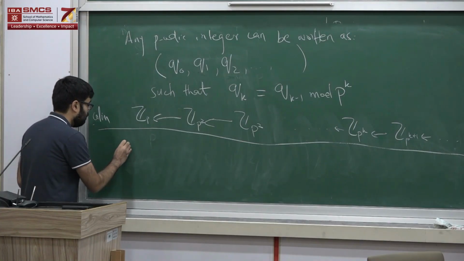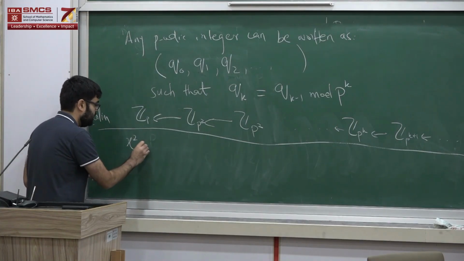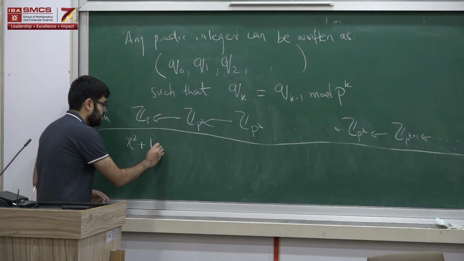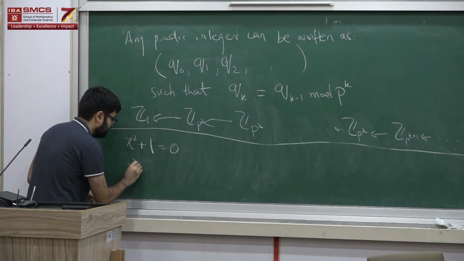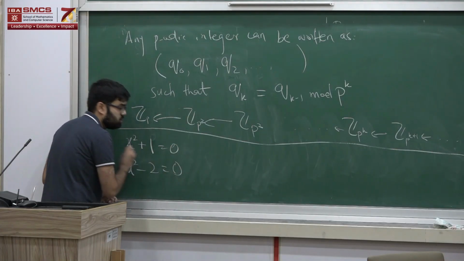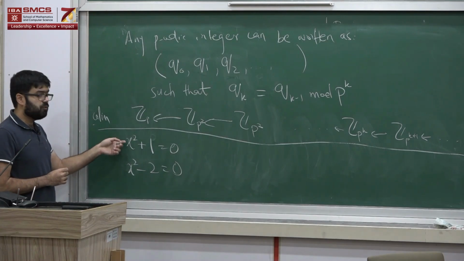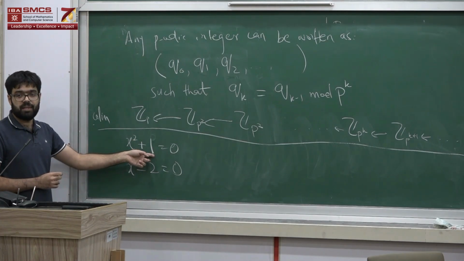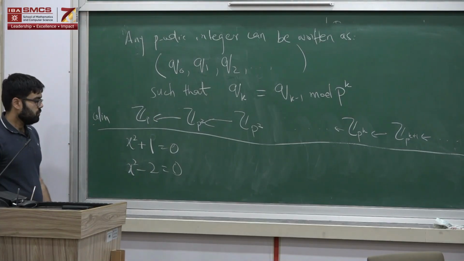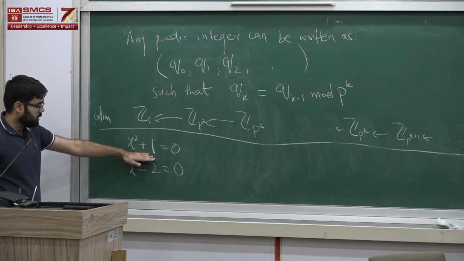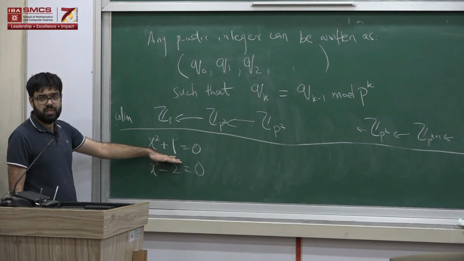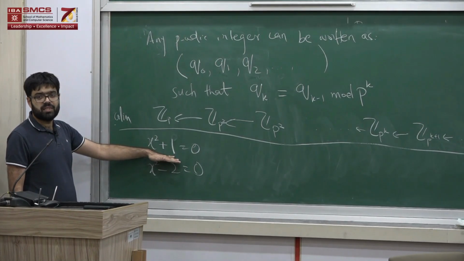Last time we tried two equations: x squared plus 1 is equal to 0, and x squared minus 2 is equal to 0. These equations have no solutions in rational numbers. We saw that this one still doesn't have a solution in real numbers, because the distance between any solution of this equation and any rational number is large.